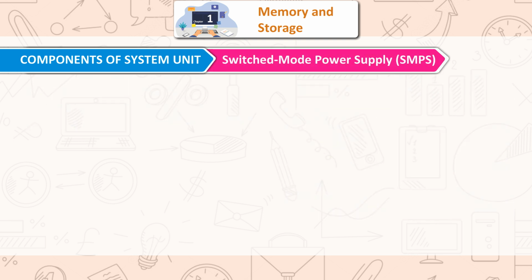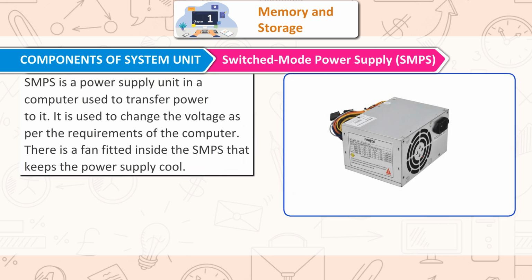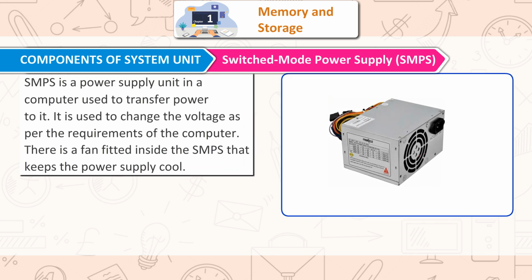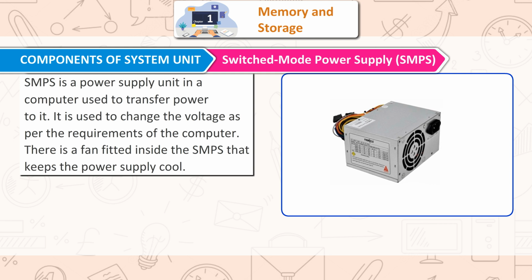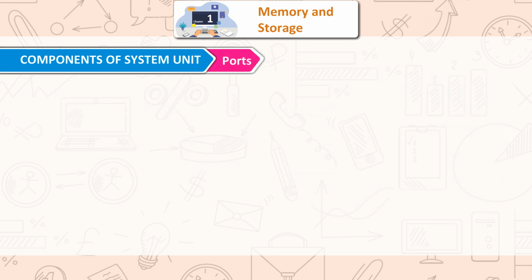Switched Mode Power Supply, SMPS. SMPS is a power supply unit in a computer used to transfer power to it. It is used to change the voltage as per the requirements of the computer. There is a fan fitted inside the SMPS that keeps the power supply cool.